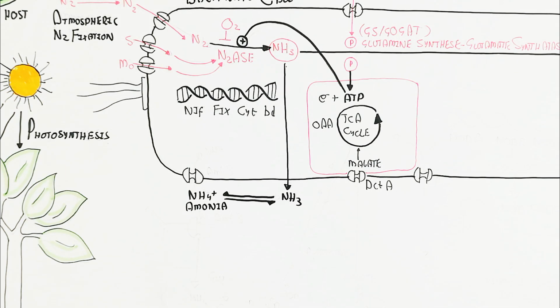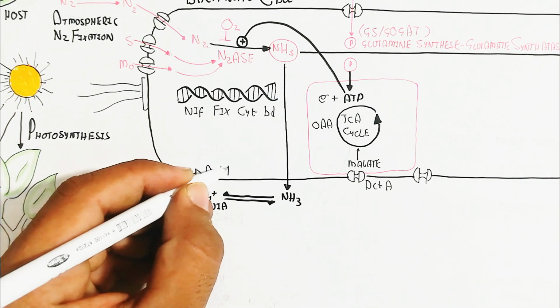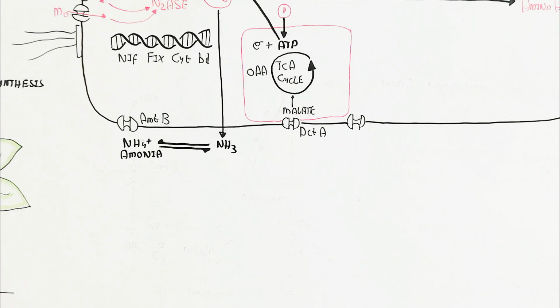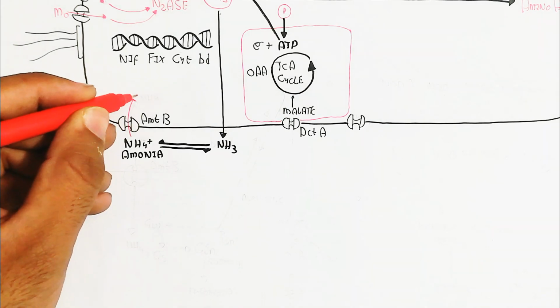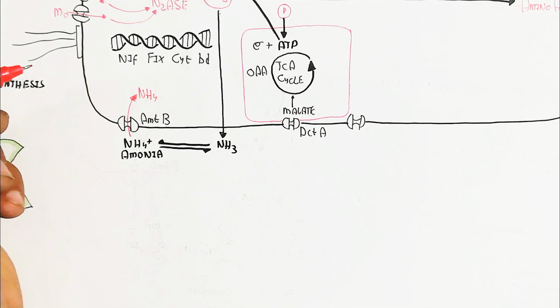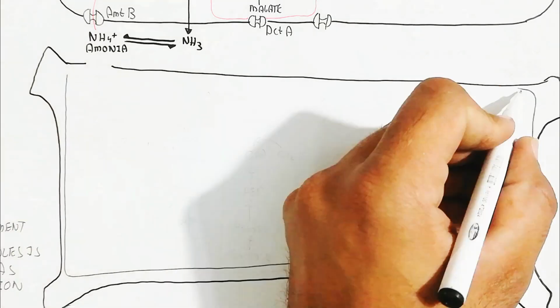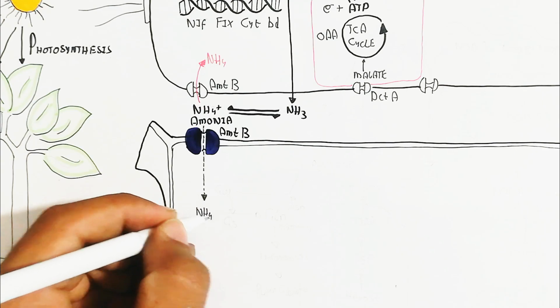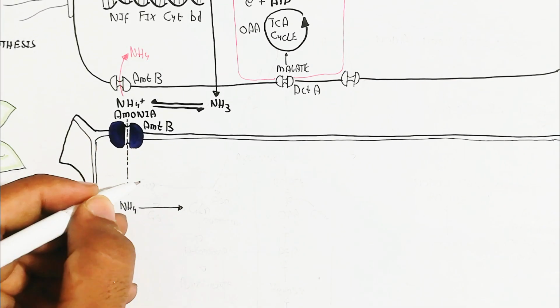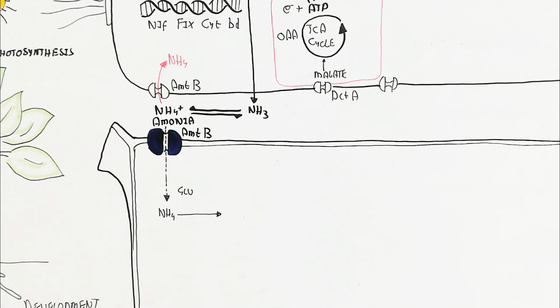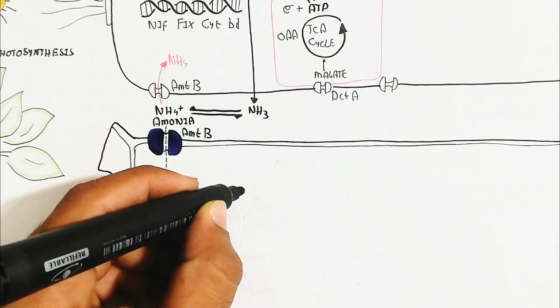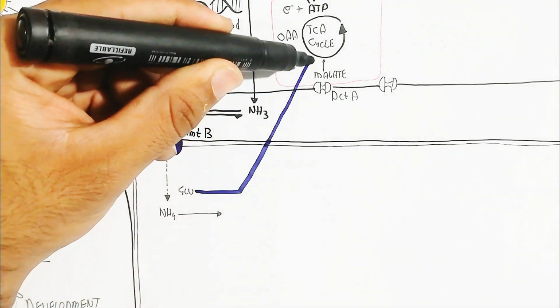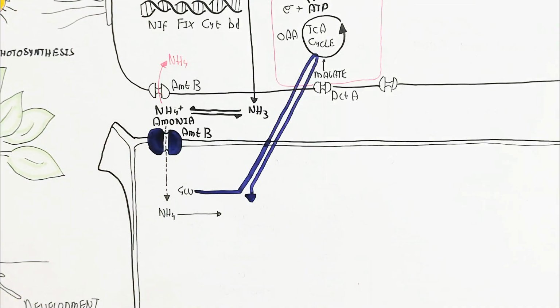This ammonia will move out and convert into the ammonium ion by accepting one more proton. This can be moved again inside, while the ammonia moves into the plant cell, into the root. Here the glutamate is produced from the ammonium.